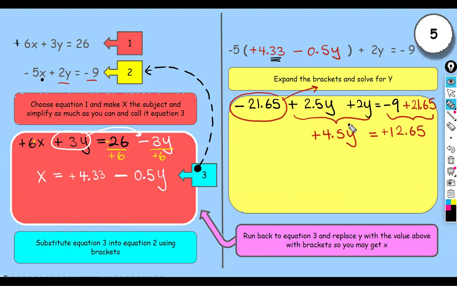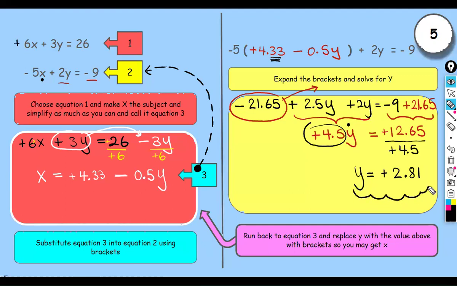We want to solve for y. This 4.5 is a multiply. Throw him across, we get a divide. When we divide this, we get the value of y. When you divide two positives, you get a positive. 12.65 divided by 4.5 is 2.811111. So it's 2.81 properly to 2 decimal places. That's your answer for y.